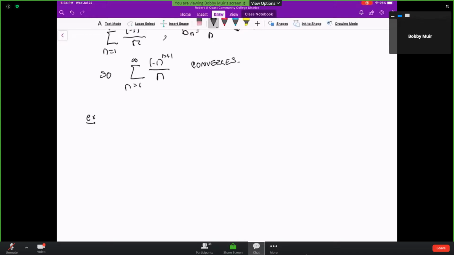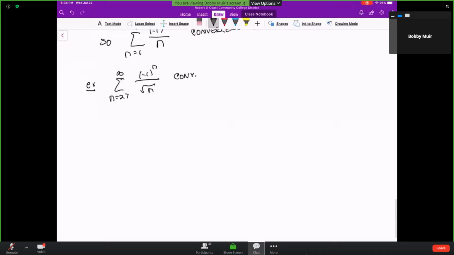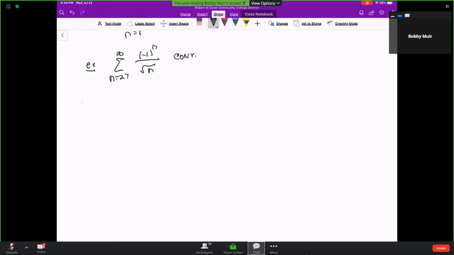So this guy, n equals 27 to infinity, -1 to the n over the square root of n, converges. The reason is that it's easy for an alternating series to converge. Now here's where the interesting stuff starts to come into play: the estimation of sums.